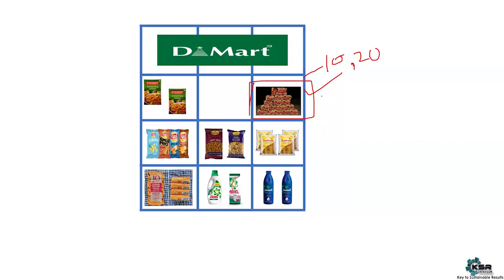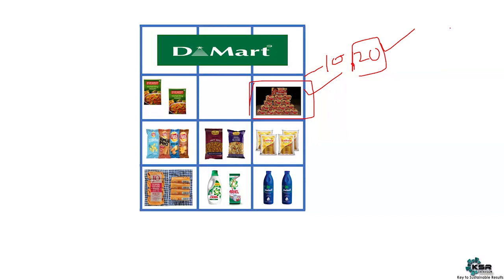There would be multiple people visiting the superstore. If 20 or 30 people visit, and only 20 items are kept in that specific rack, assume there were 20 biscuits. Now all 20 biscuits are gone. Everyone has purchased all the biscuits. This biscuits rack is empty.